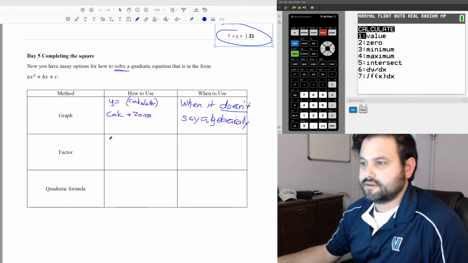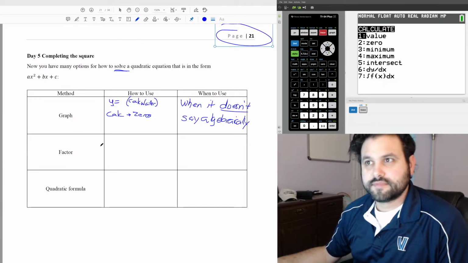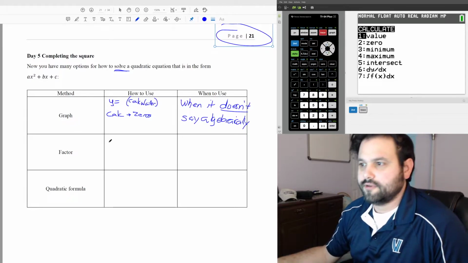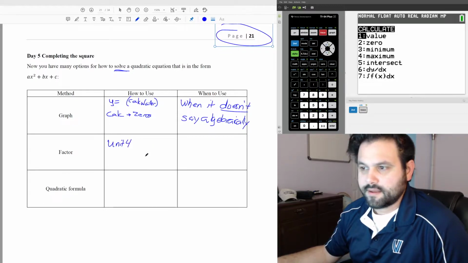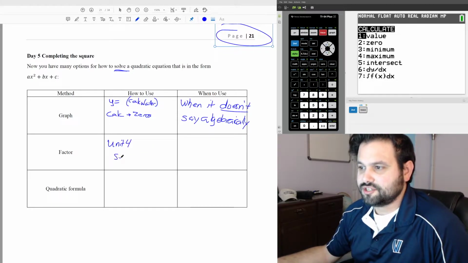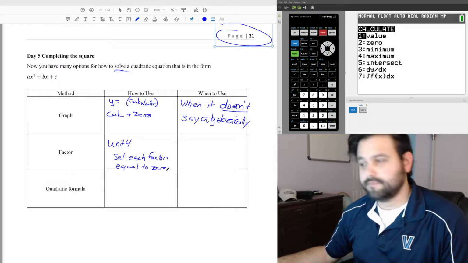Factor. How do we factor? Well, that was a huge part of Unit 4, right? So we factor, set each factor equal to 0, and we solve from there.